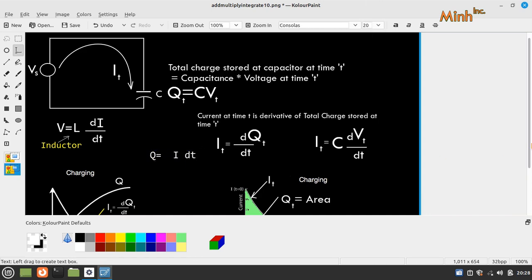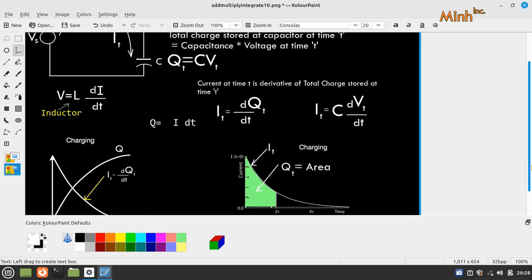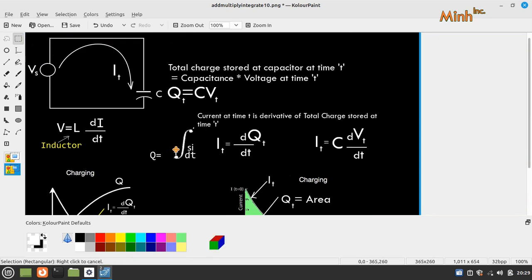Okay, so this is the scenario here, and this is very important: the charge stored at any moment.